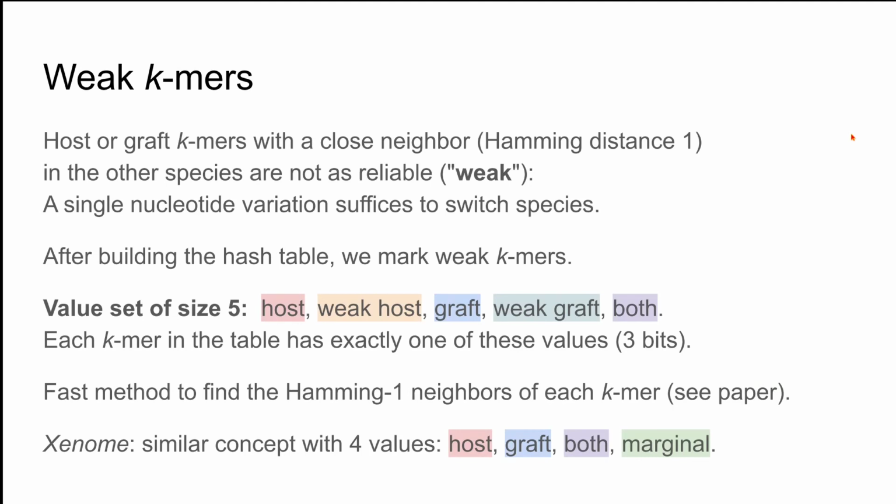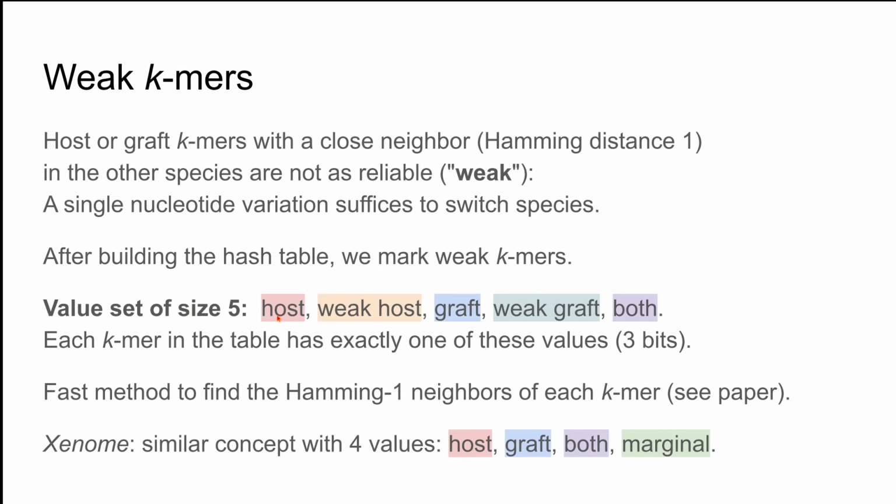We store a little bit more information than just the k-mers and the associated species. We also mark k-mers that have a Hamming distance 1 neighbor in the other species as weak, because in this case a single nucleotide variation suffices to switch the species. So we don't have 3 different values for each k-mer, but 5.